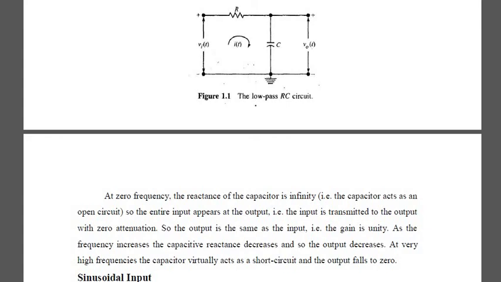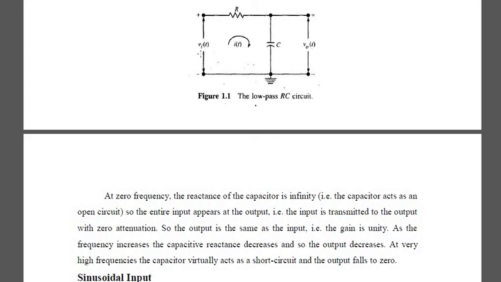So V0 of t will be equal to Vi of t when the frequency f is equal to 0. In case the frequency is increased, the capacitor acts as a short circuit, so no input will appear at the output, and the output V0 of t will be equal to 0.